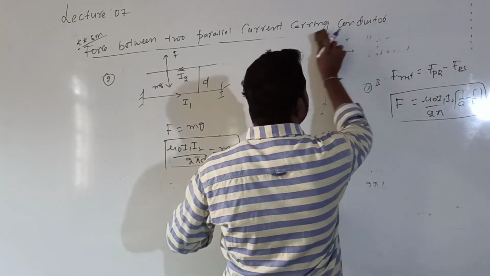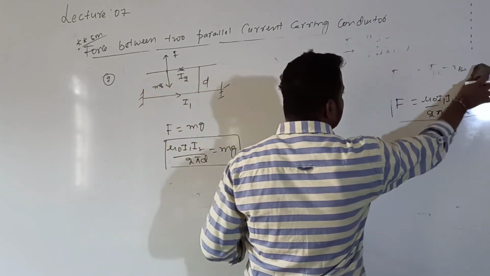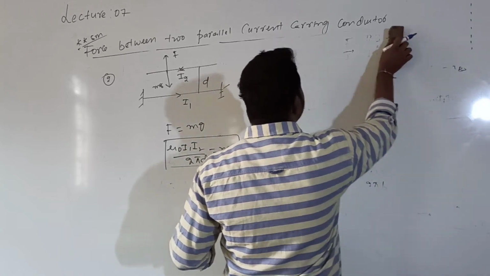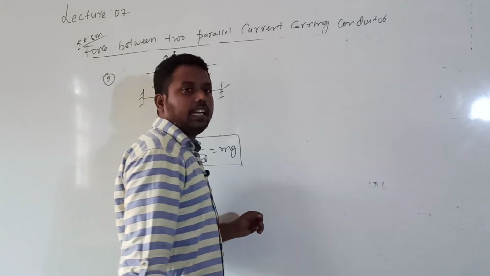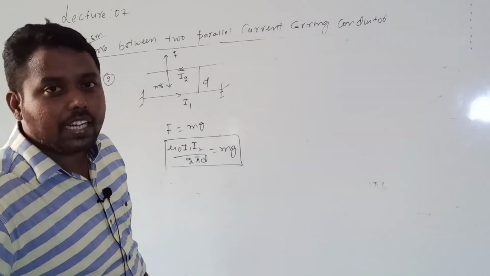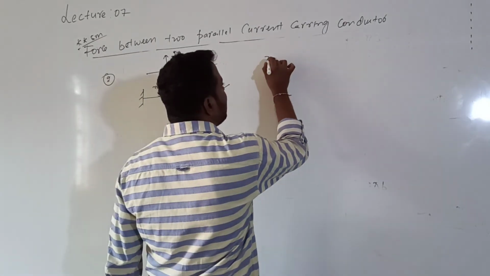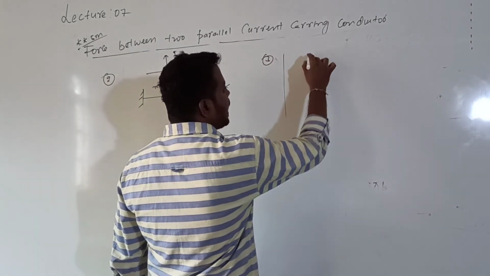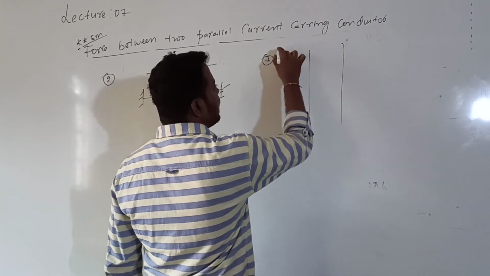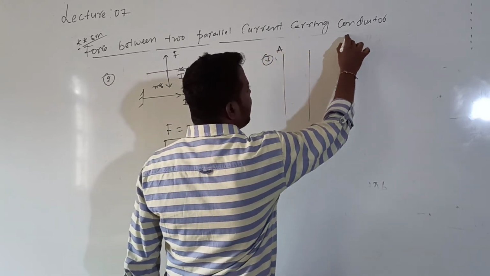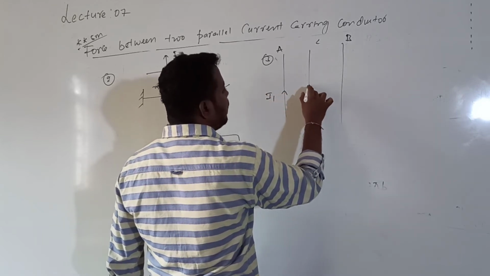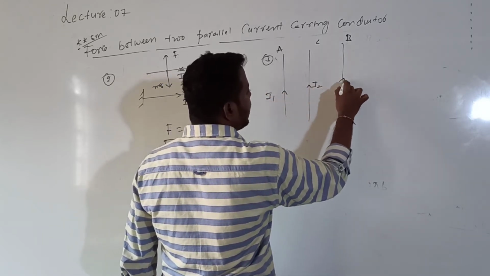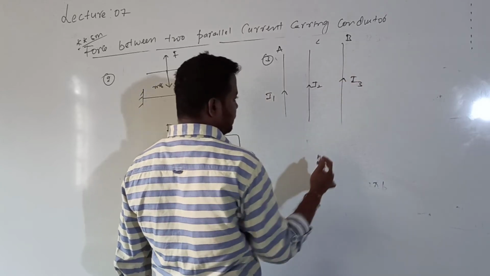The last point. Till now we have been discussing only two current carrying conductors. How can I calculate the force if three parallel current carrying conductors are there? Say A, B and C, such that A carries a current I1, B carries a current I2, and C carries a current I3.